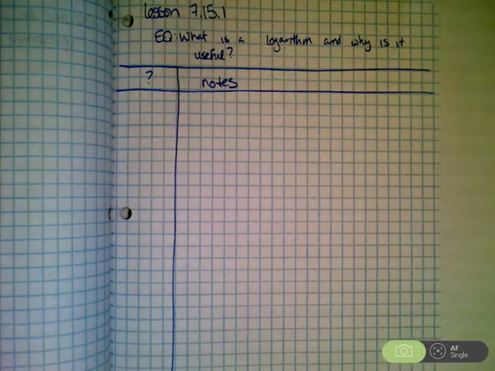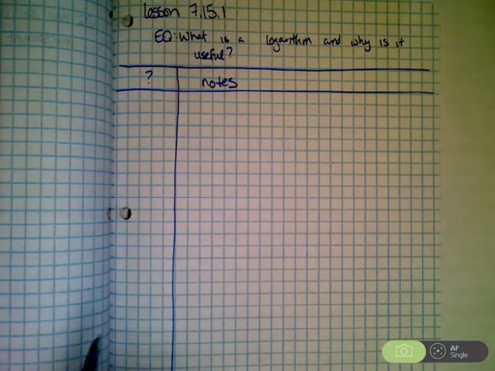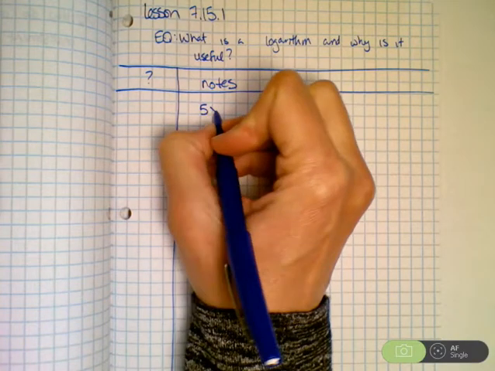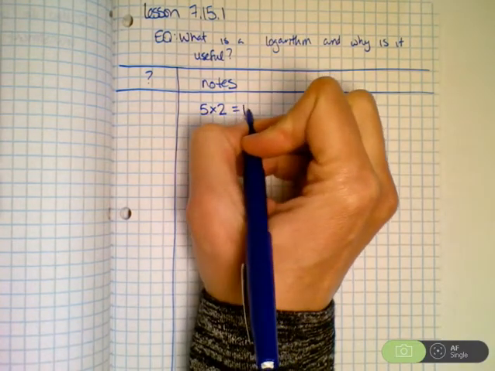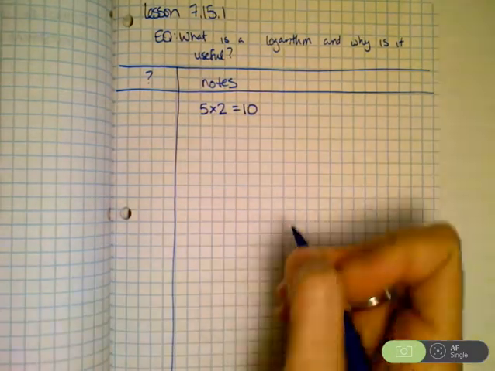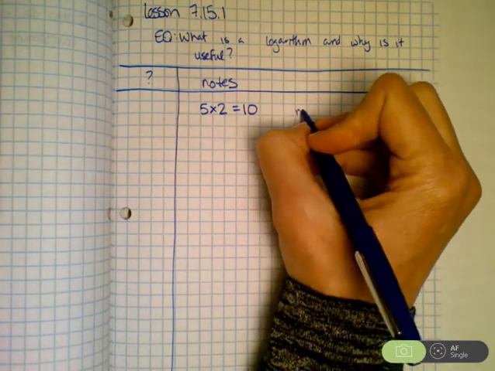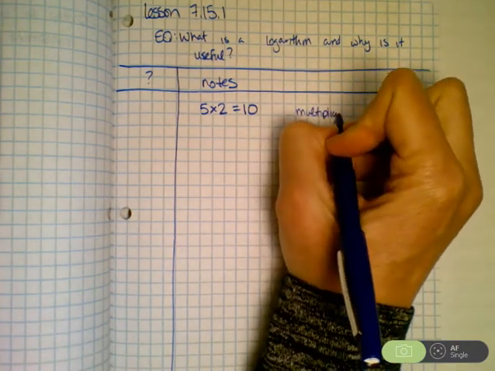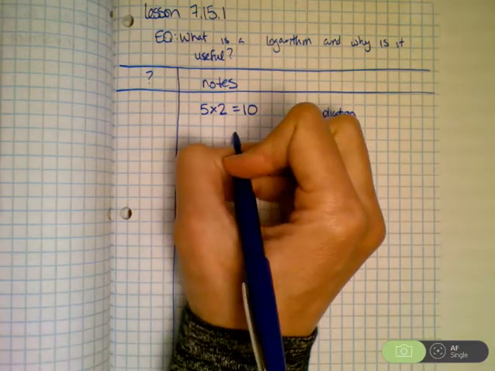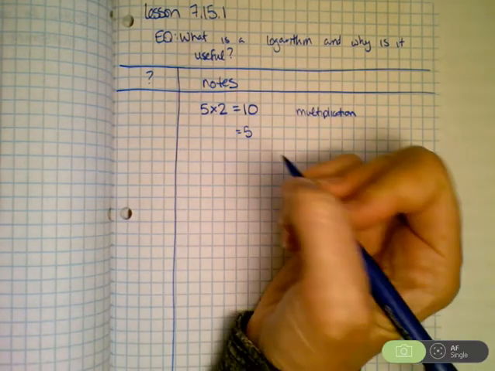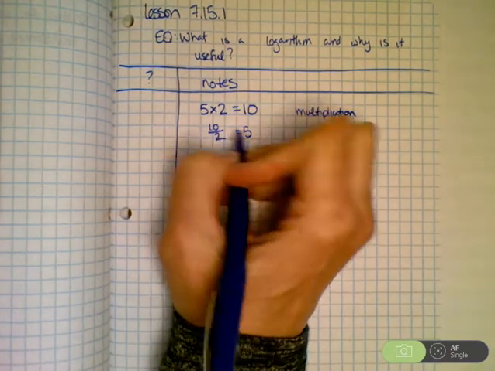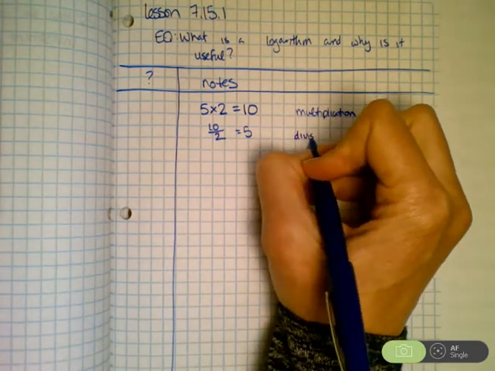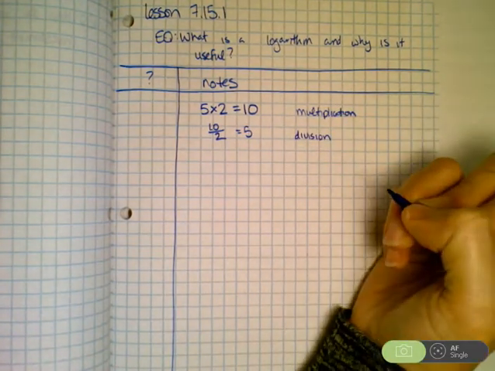Okay, so this first little part is just a little intro to help you think about why we need logarithms. If you don't want to write this down, that's okay. But I just want you to think for a minute about the fact that 5 times 2 equals 10. So if you think about multiplication, if you wanted to get back an answer of 5 using these same numbers, you would do 10 divided by 2 because the inverse of multiplication is division.